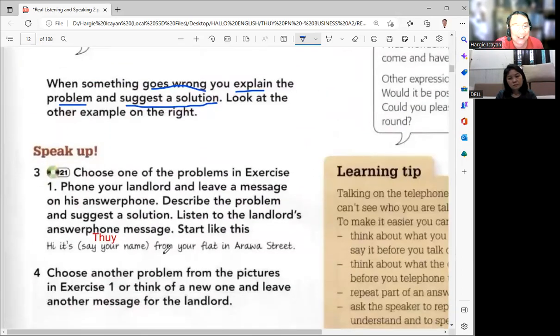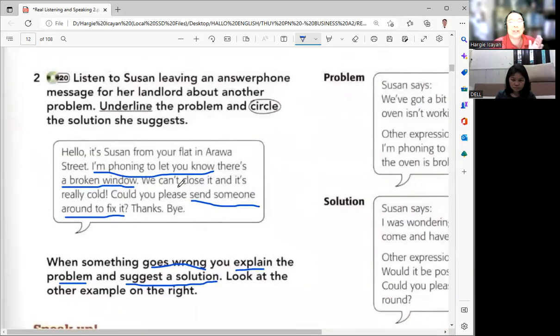Like for example, hi, it's Toy from your flat in Arawa Street. I'm phoning to let you know that there's a broken window. We can't close it and it's really cold. Could you please send someone around to fix it? Thanks. Bye. So that is how you are going to record, Toy. So I am going to hear how you are going to say that.